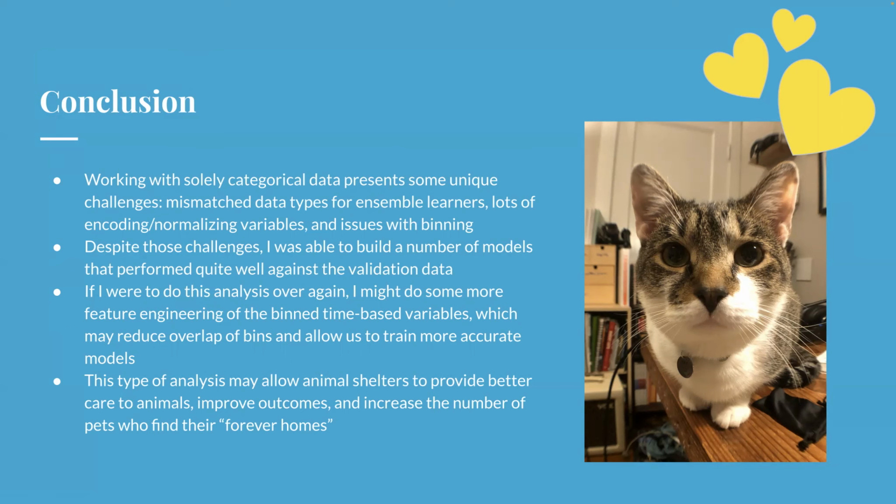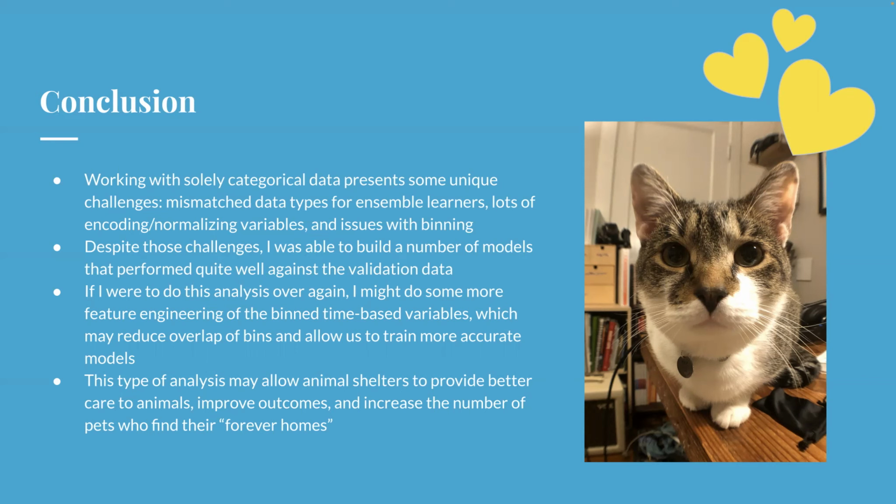And then there were the issues with the binning that came to light as I was analyzing it. I think that could be a reason why the time in shelter models were a little bit less accurate. But despite those challenges, I was able to build a number of models that performed quite well against the validation data.